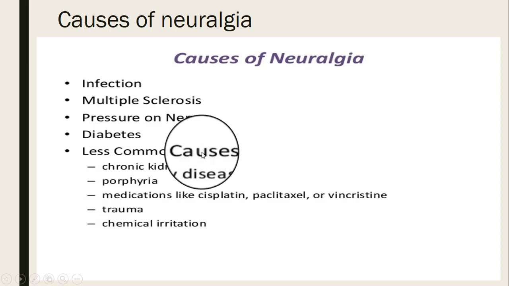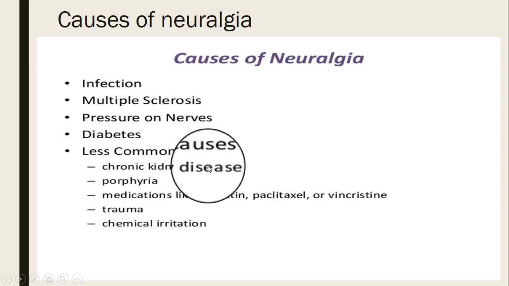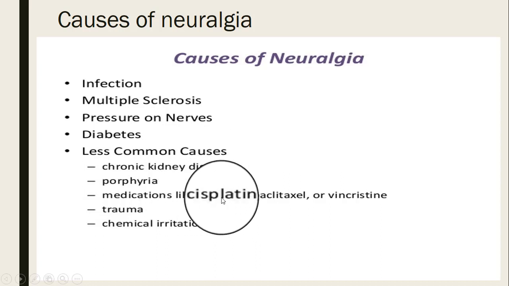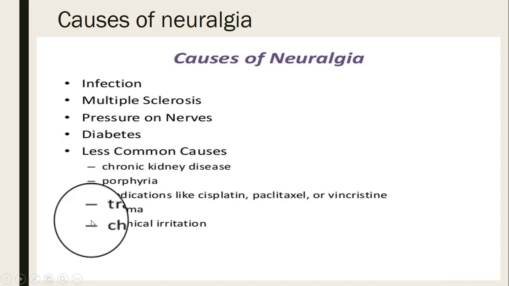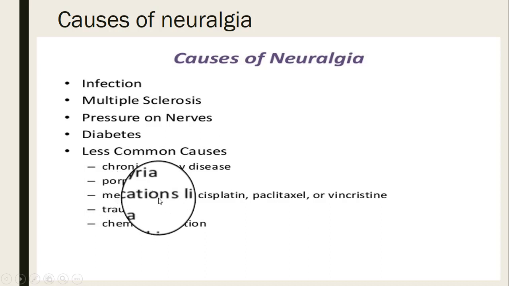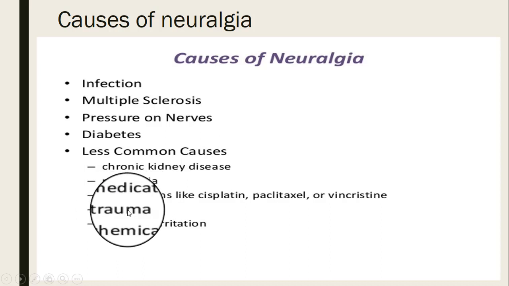These include chronic kidney diseases, medications prescribed for cancer, or antibiotics which are used to treat some types of infections, and any kind of trauma or injury such as from surgery. Another cause of neuralgia is also chemical irritation.